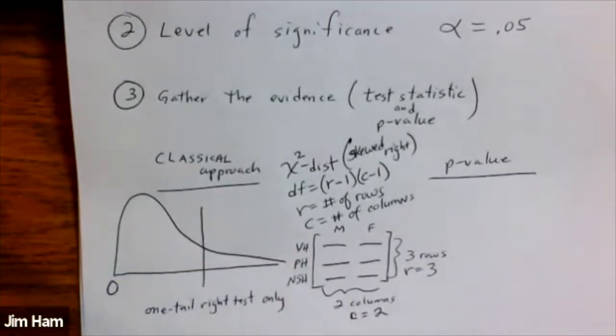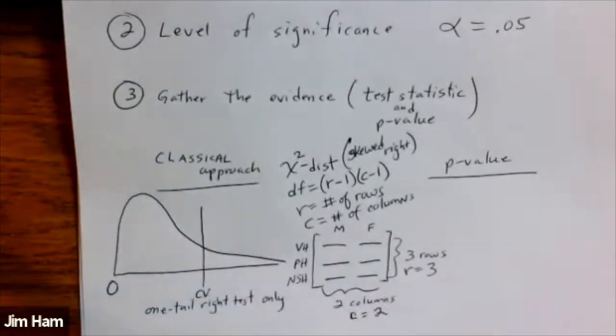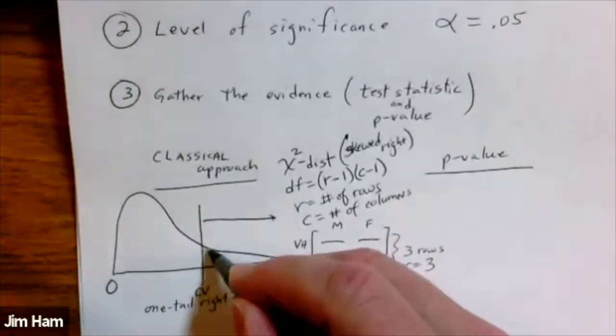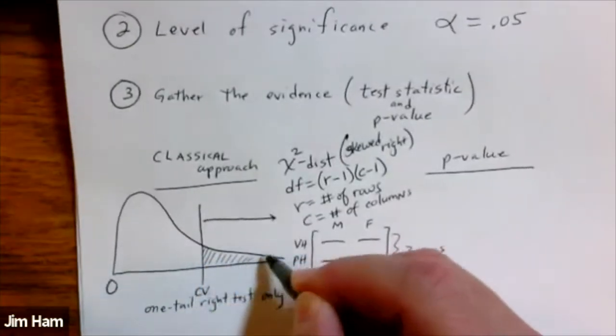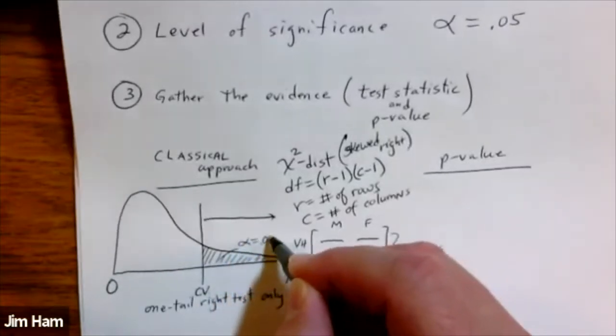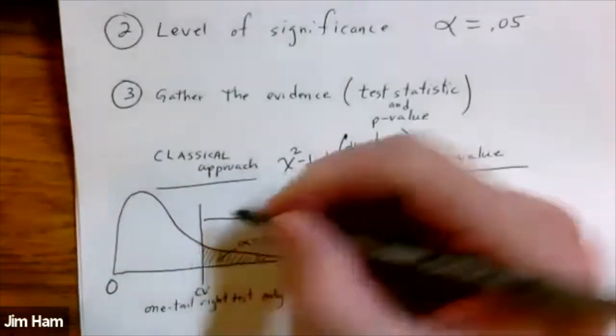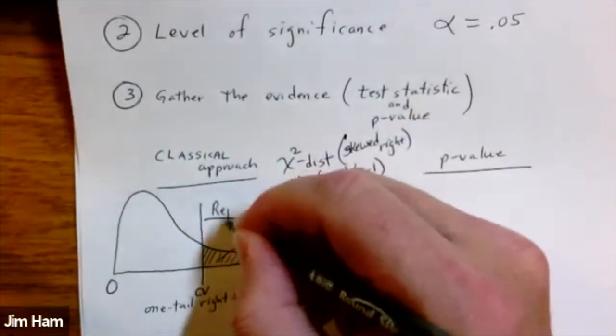So this distribution is going to start at 0 to the far left, and then it's going to get positive as we move to the right. Now here's where the critical value is going to be, and we're going to get this from a chi table. Here's the critical region. This is what's going to be established by our alpha. And if we find any value out here as our test statistic, then we're going to reject the null hypothesis.